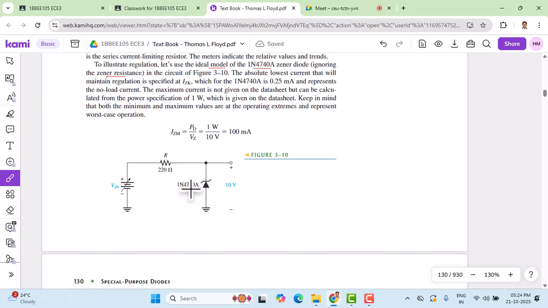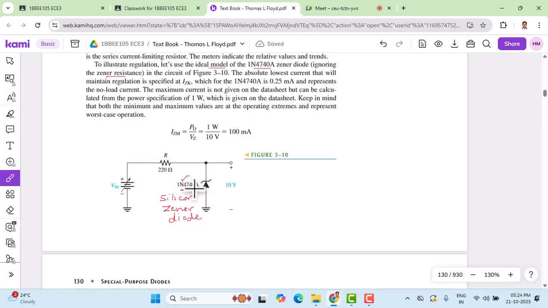It is 1N4740, a commercial silicon Zener diode. In 1N, the letter N stands for silicon.